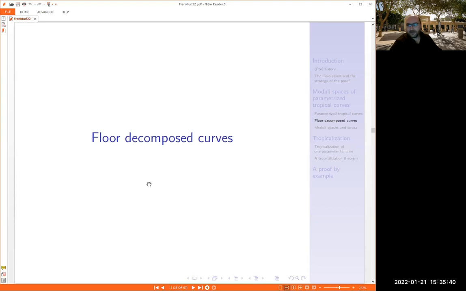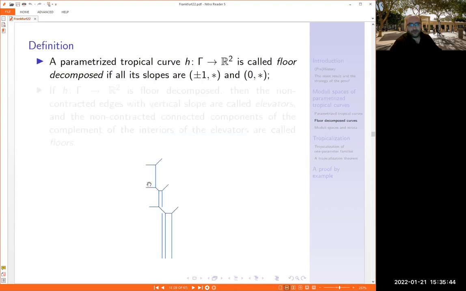There is a particularly convenient type of parameterized tropical curves that we will use. These are curves introduced by Brugallé and Mikhalkin, and they're called floor decomposed curves. Here is the definition. A parameterized tropical curve h from gamma to R2, so this is for planar curves, is called floor decomposed if it has slopes either plus or minus 1 comma something, or 0 comma something.